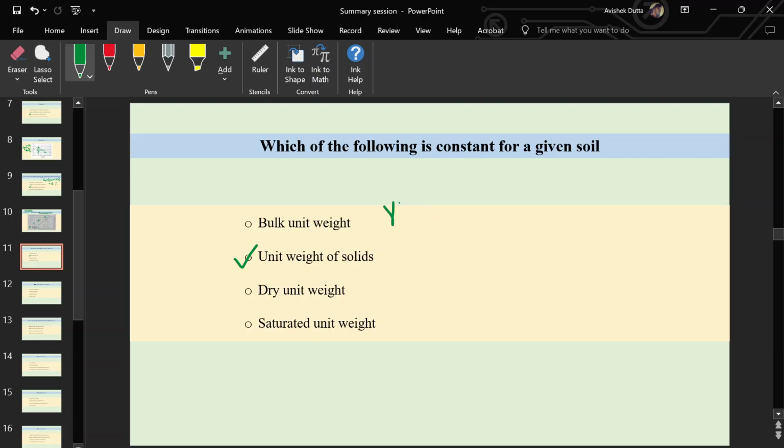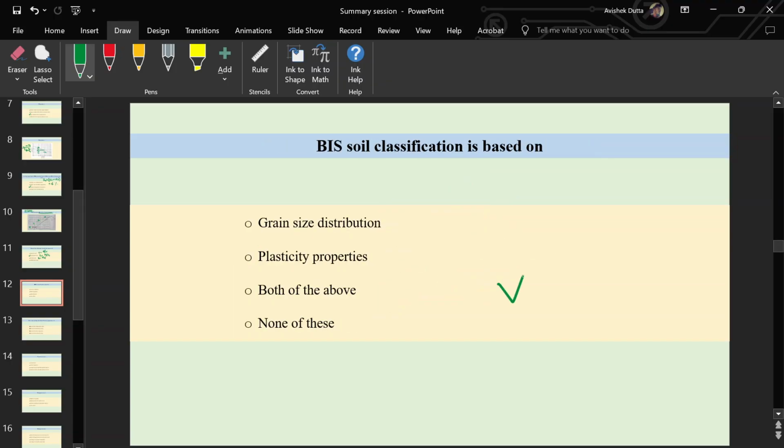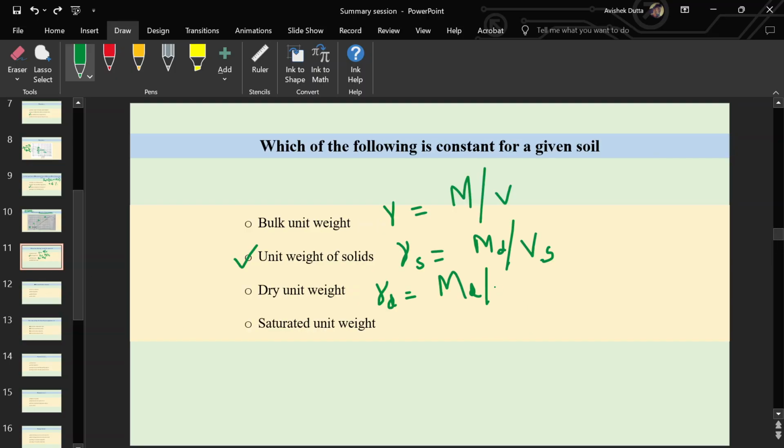Bulk unit weight gamma equals mass by volume, total volume. Soil solids gamma S, mass of dry soil divided by volume of the soil solids. Dry unit weight gamma D, the basic definition I am just talking about, gamma D, mass of dry soil divided by total volume.